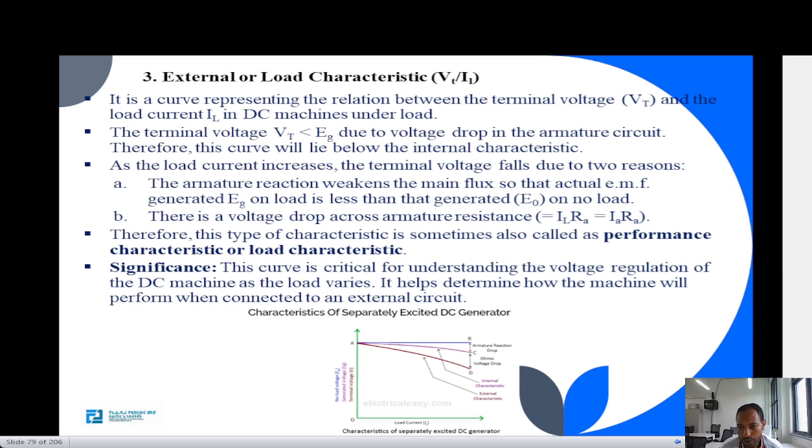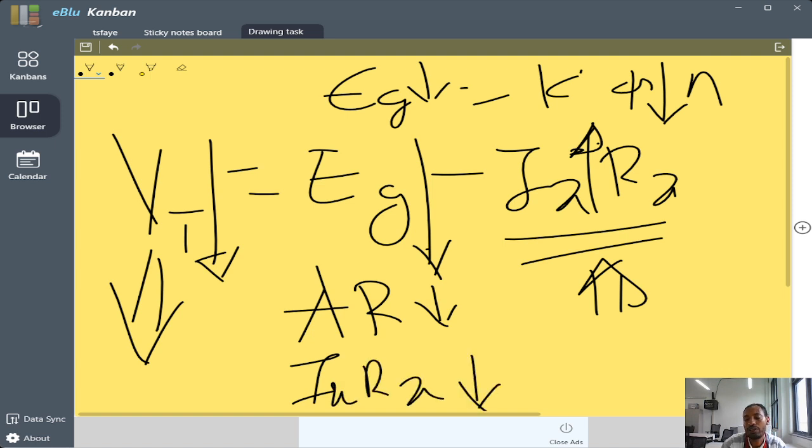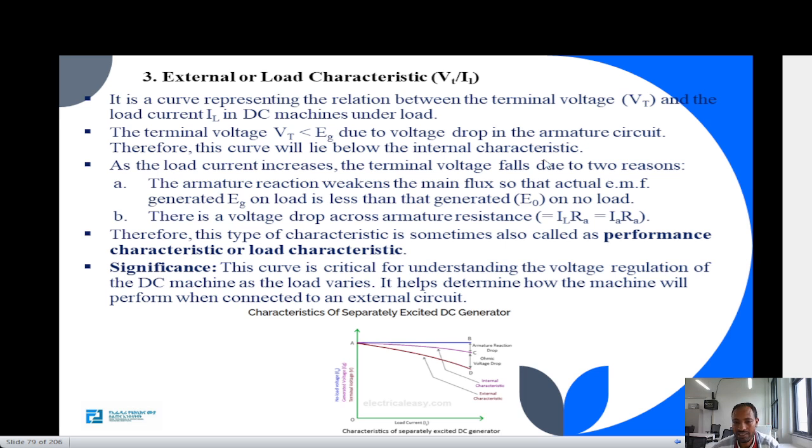So the external or load characteristic curve is below the internal characteristic curve, because two effects are coming into picture. One, armature reaction is reducing VT. Second, the ohmic loss IaRa is also reducing it. So the curve is definitely below the internal characteristics.